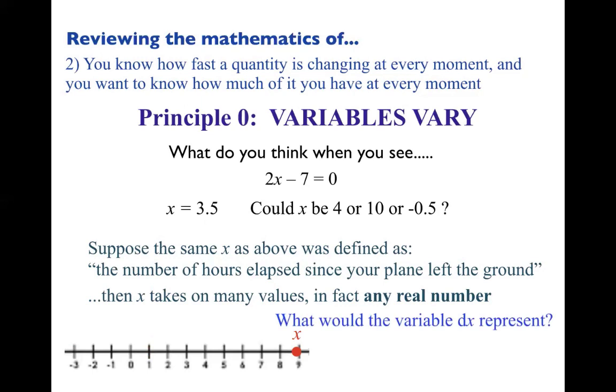Okay, what would the variable dx represent? So if x is the number of hours since we took off, what would the variable dx represent? Well, dx represents a change or a variation in the number of hours.